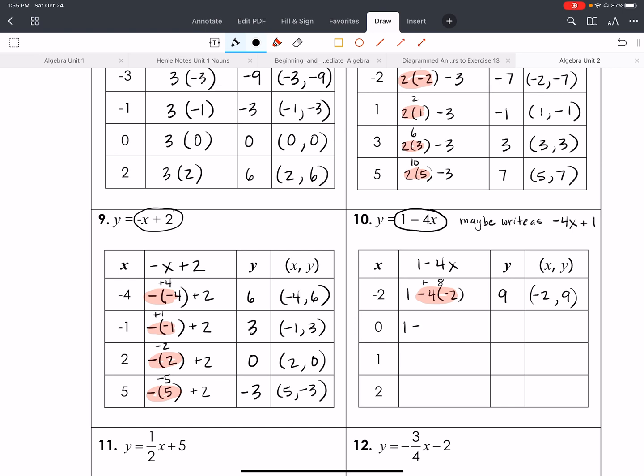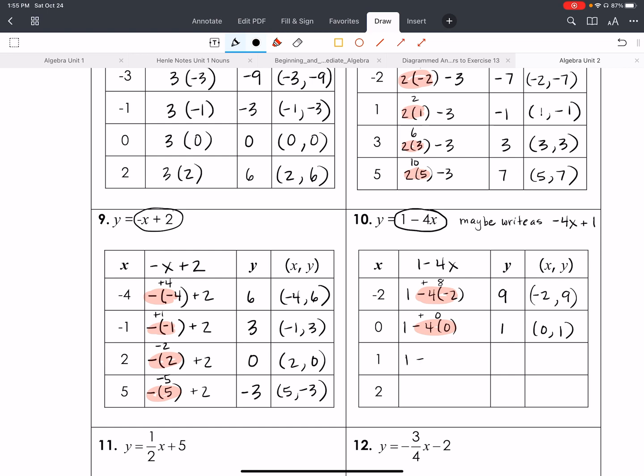If I place in a 0 in here for x, once again, you still have to do that multiplication first. So -4 times 0 is 0. So we always think of 0 as positive. So we add 0. So 1 plus 0 is 1. So when I have an input of 0, my output is 1.